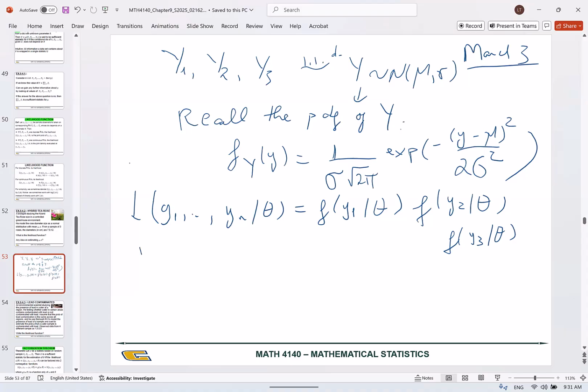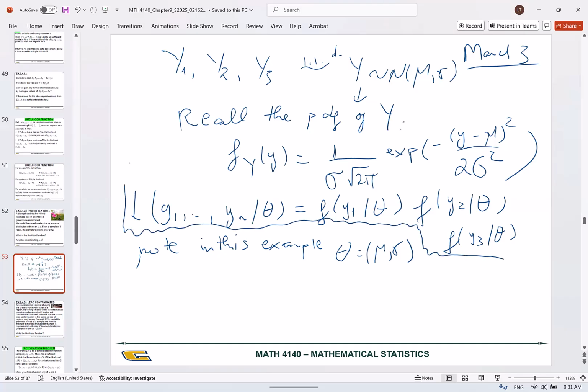Note that in this example, your theta is equal to (mu, sigma), a 2-dimension random variable. So this is the likelihood function. If you know the theta, for a given theta, you can get the likelihood like this. So to find F of y1 given theta, you just plug in.